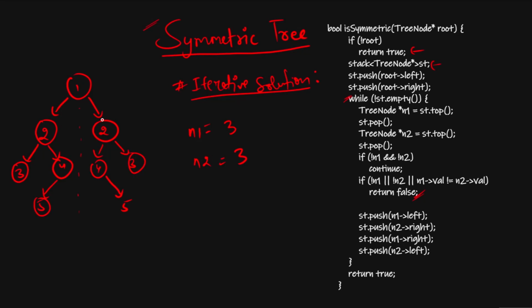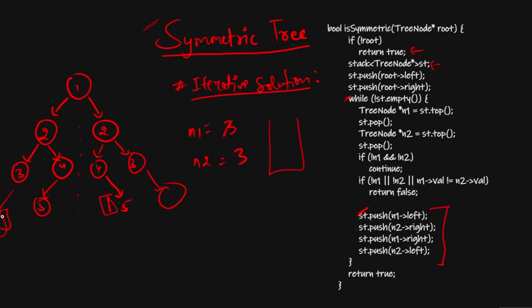But if both of them are null, which I have mentioned earlier, then I will pop another element from the stack. So if both of them are null, in that case I will continue. And finally what I will do, I will push n1 left and n2 right, its left, its right, because I have to compare its left with its right.